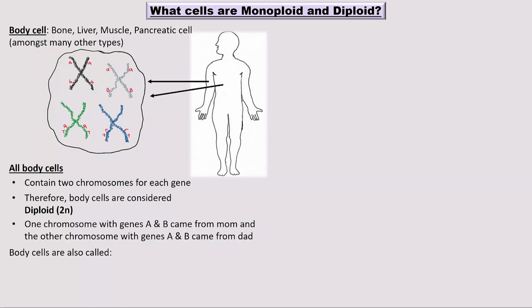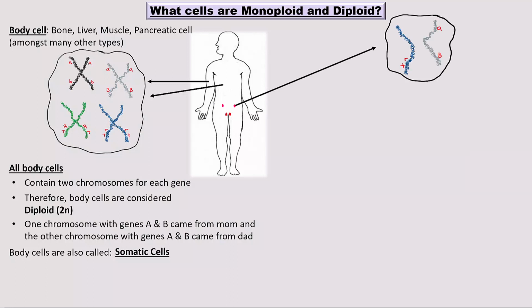So body cells also have another name. They're also referred to as somatic cells. The human body, in males and females, have these different organs down here. These ones are called the ovaries, and they're going to make these cells called egg cells, also known as ovum.